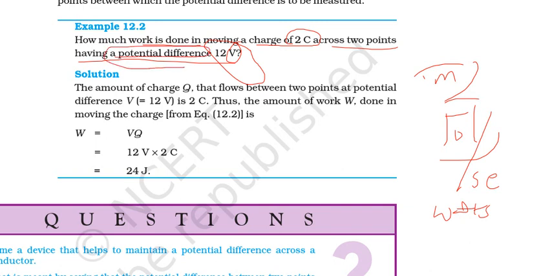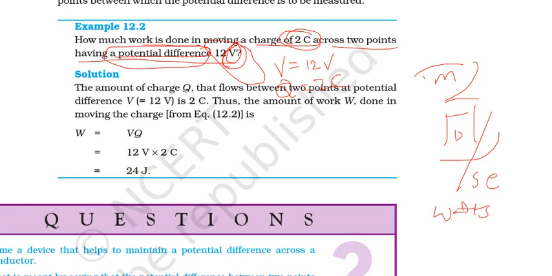Sometimes they give potential difference, sometimes the voltage, but the units will always be constant, guys. If the unit is volts, V is voltage, 12 volts. You have to write like that. And here 2C, what is the C? Don't be confused. C means coulomb, the unit of charge. That is 2 coulombs.